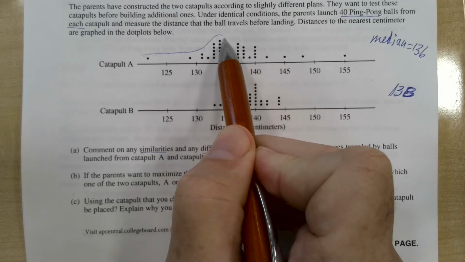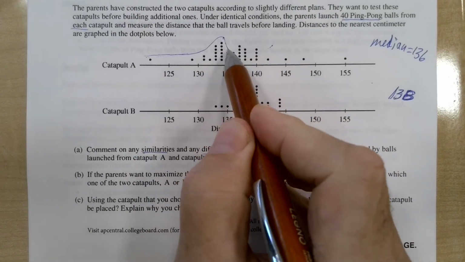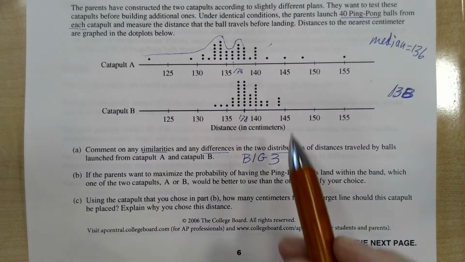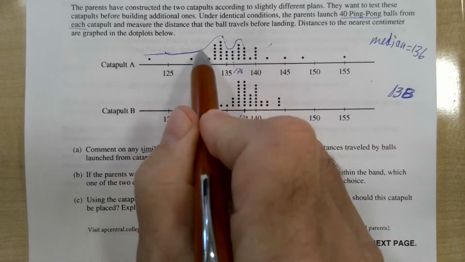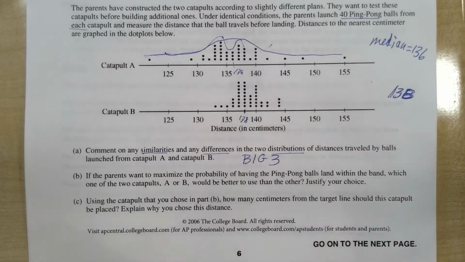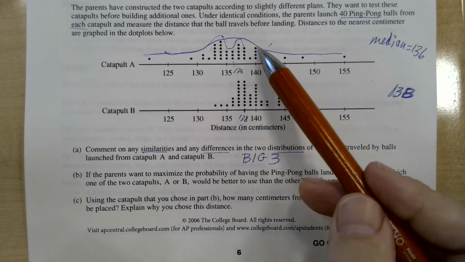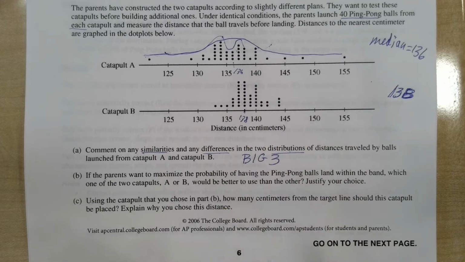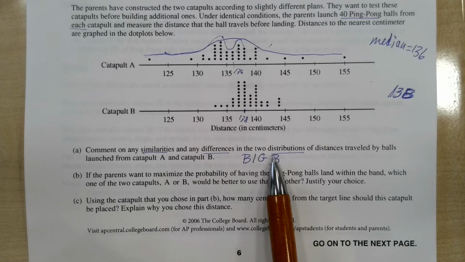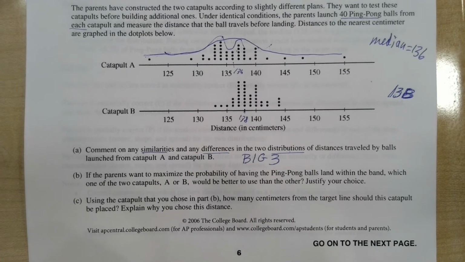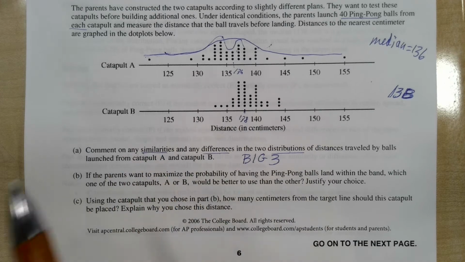You don't want to follow these sharp little things. You just want to make a nice smooth curve over it and ask, is that relatively symmetrical or not? In this case, I would say yes, that's symmetrical. This is symmetrical. So I would just make a quick comment in my write-up that catapult A and catapult B are both fairly symmetrical. And then let's talk about the spread.